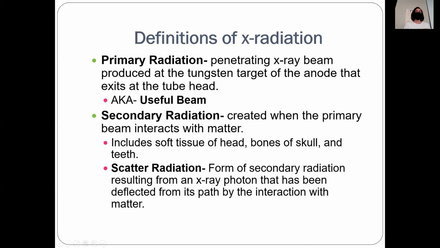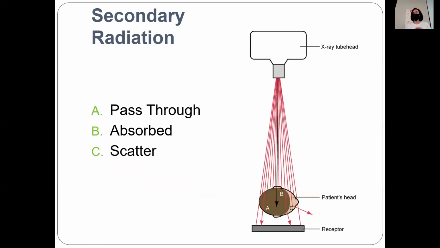Then we have the two types of scatter radiation. Radiation can only do a couple of things when it interacts with matter. It can pass through, where the photon doesn't hit any electrons and just makes it all the way through. Or it is totally absorbed: it bunks into an electron, uses up all of its energy, and is totally absorbed.